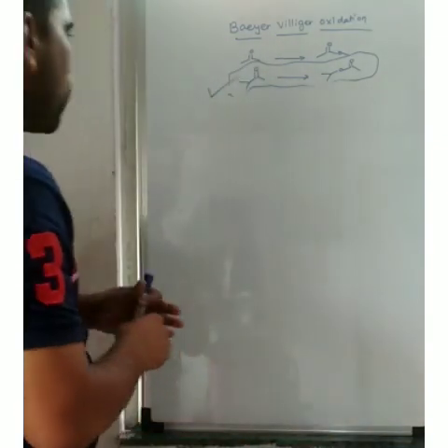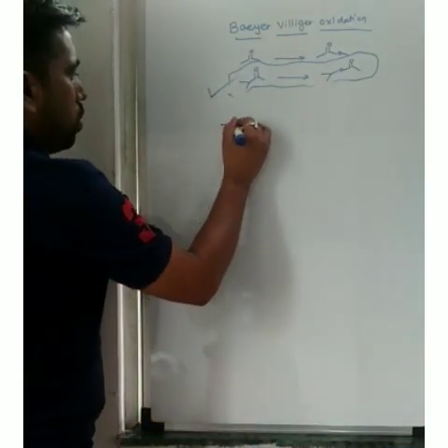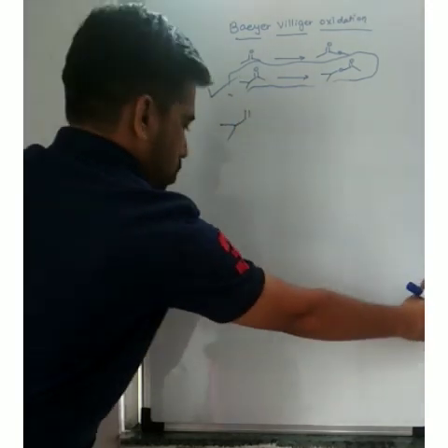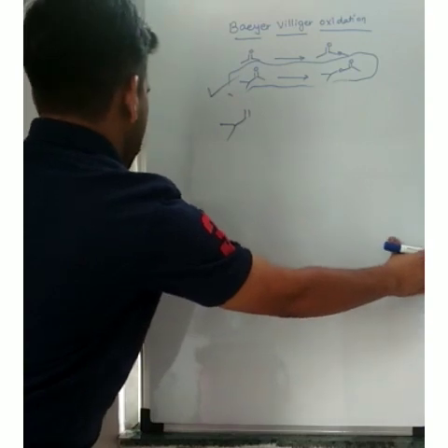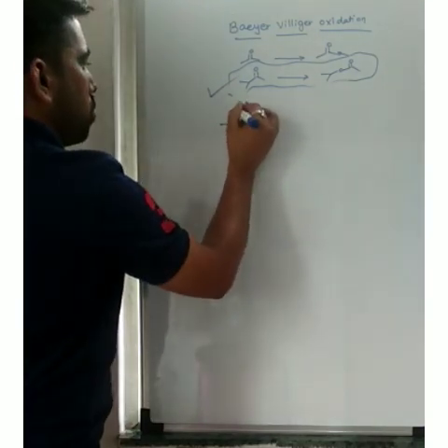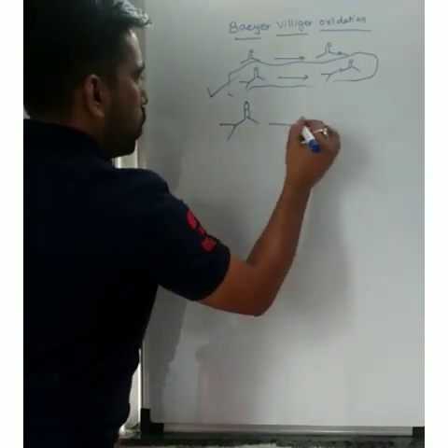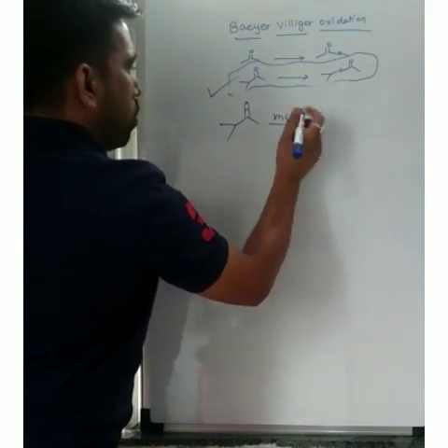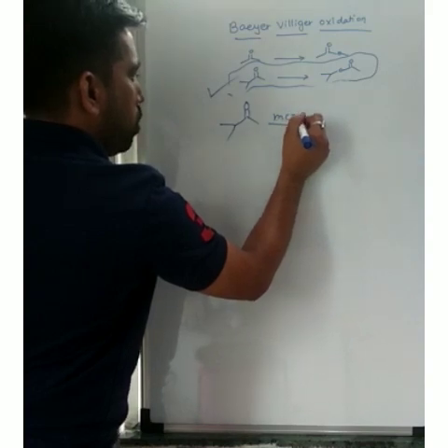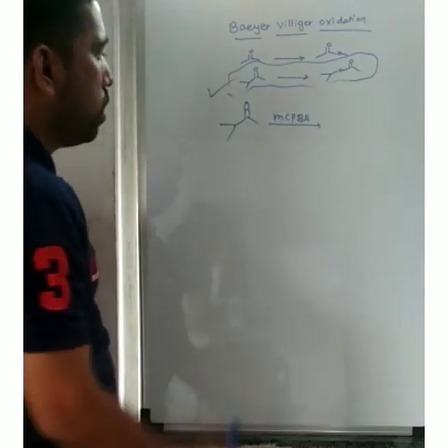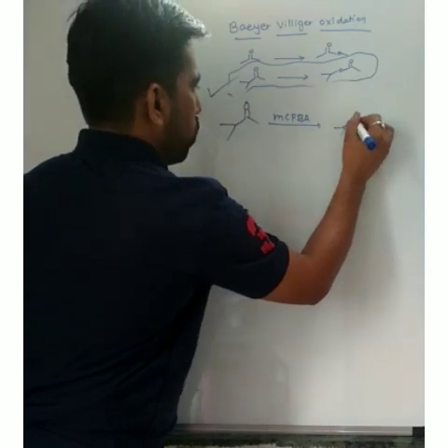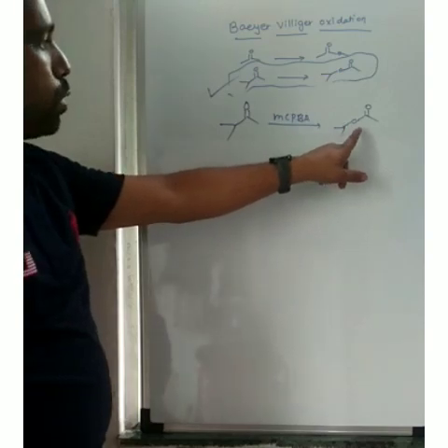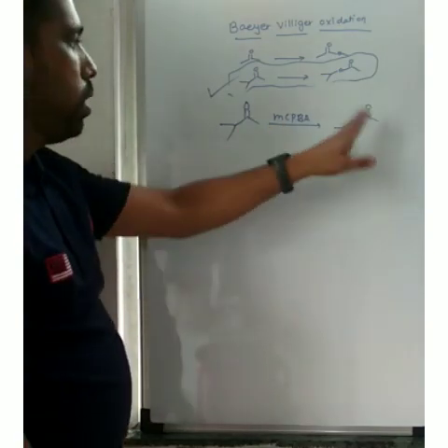Let's take an example. This transformation using metachloroperoxybenzoic acid, that is MCPBA, gives the product with insertion of oxygen at the more substituted side of the ketone.